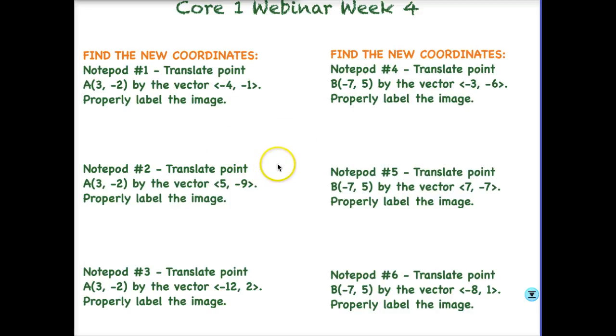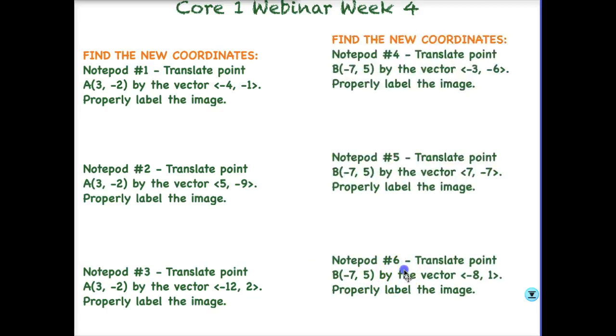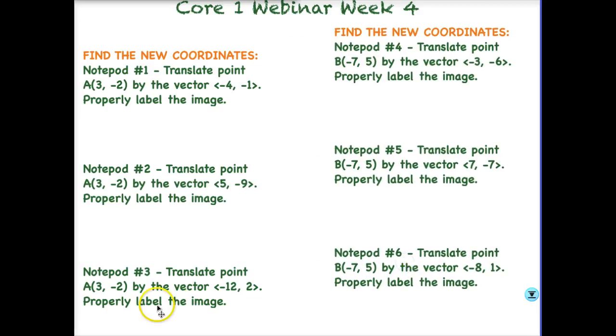So I like that you have your image labeled as B prime. You have that apostrophe there. Very nice. You are notepad 6. You started off with -7, 5, and you're translating it by the vector -8, 1. So if we do -7 minus 8, what'd you get? -7.